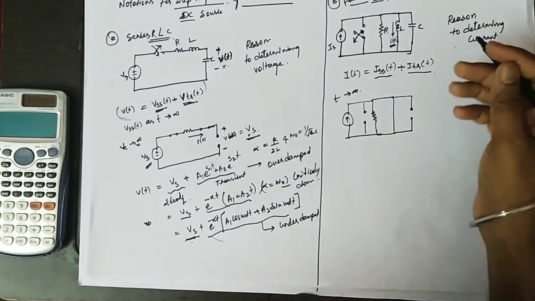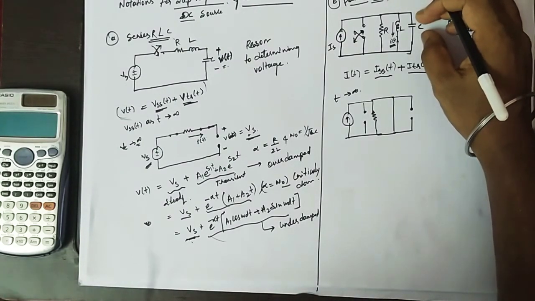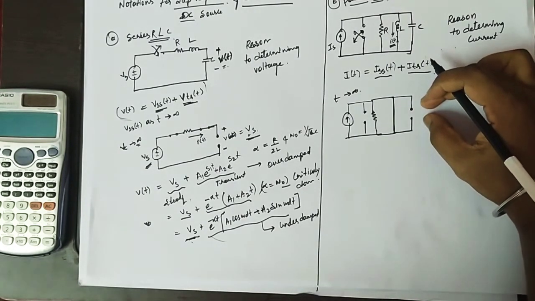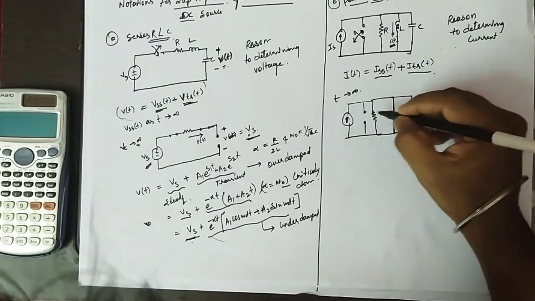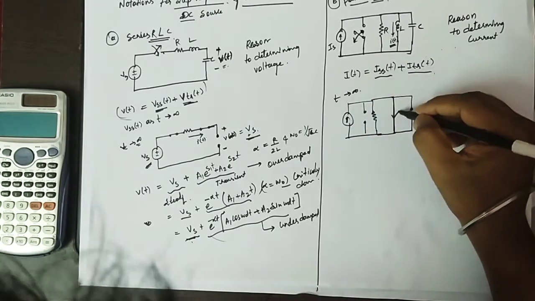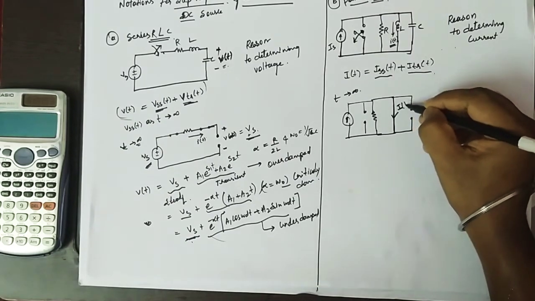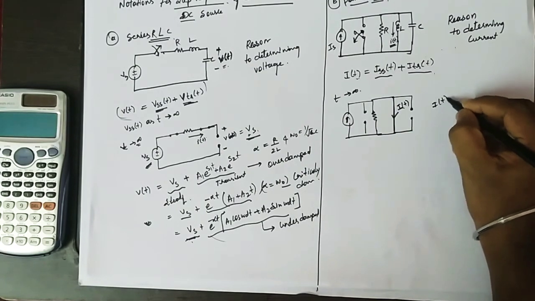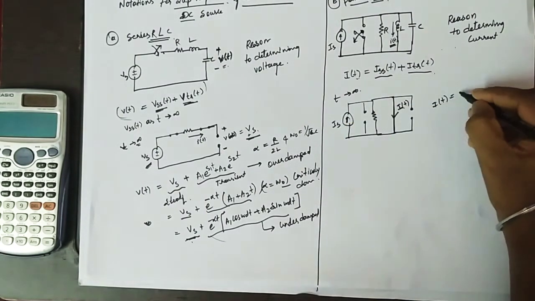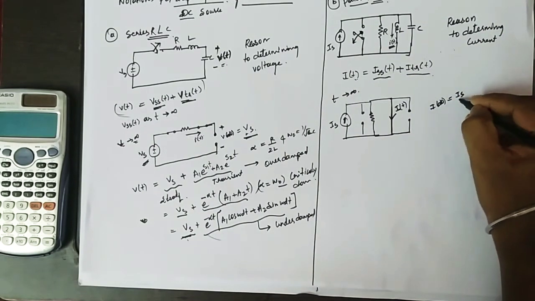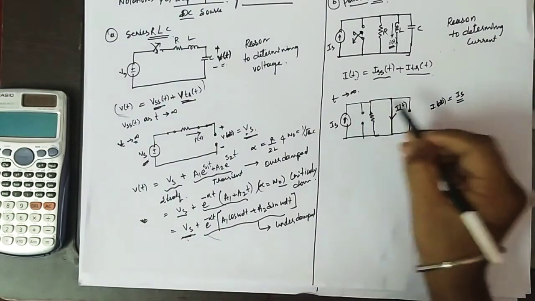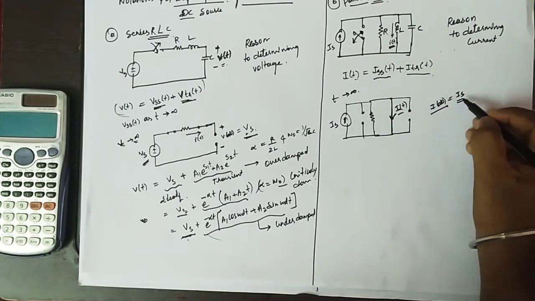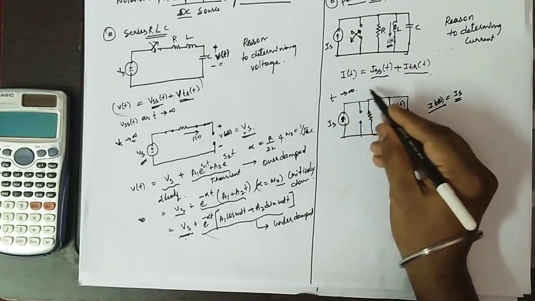If the inductor is shorted, there will be no voltage across the capacitor. The current flows through the short, so at steady state i(t) can be written as Is, that is i(infinity) equals Is. The current through the inductor i(t) is Is, whatever current is flowing here.